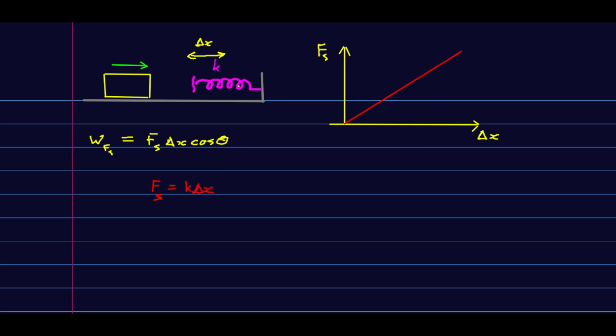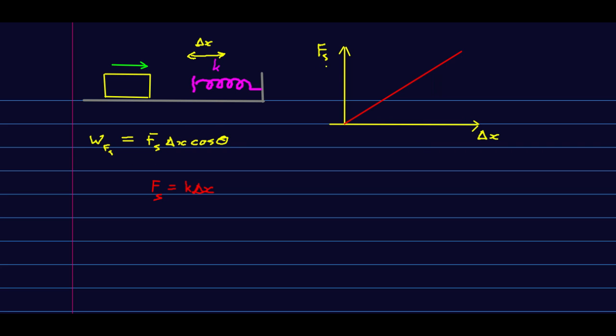And now let's think about what this does. At any time, F_s is some value, and it's changing from moment to moment. So we don't have any one value of F_s we can put in here, but we've sort of seen this.